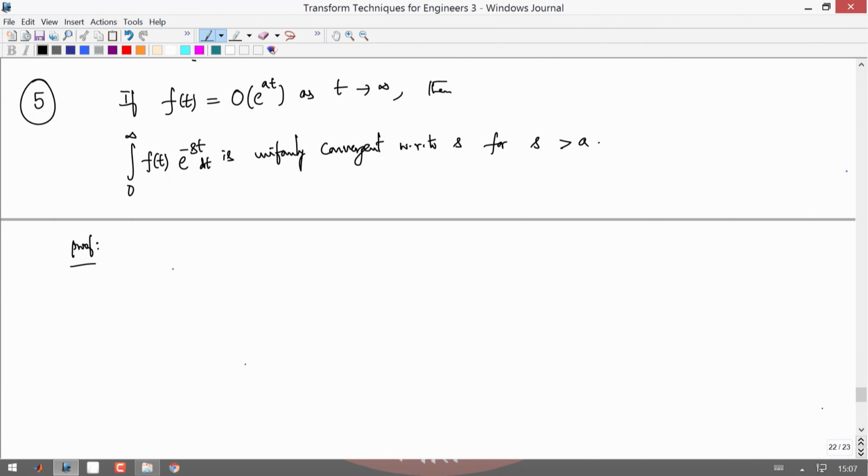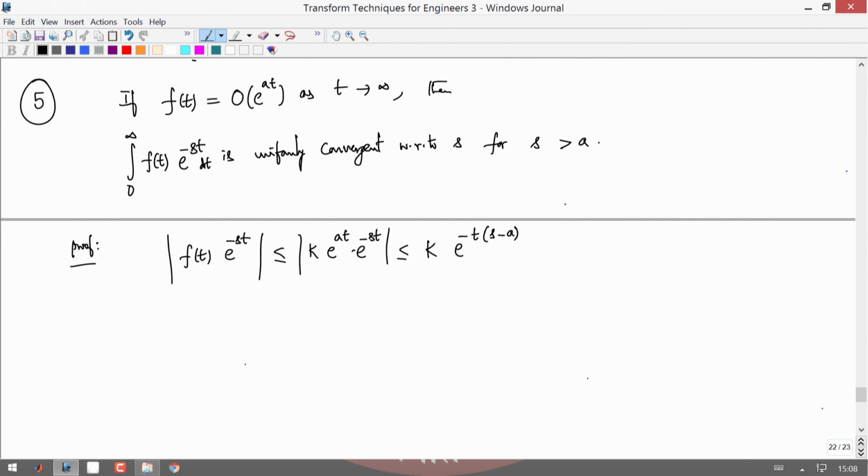Since f is of this order, f of t times e power minus st, if you estimate, is less than a constant k times e power at as t goes to infinity, times the modulus of e power minus st. So this is less than or equal to k times e power minus t times s minus a, which is positive.